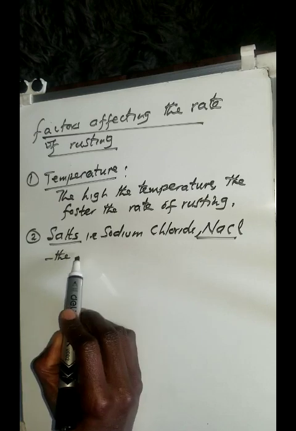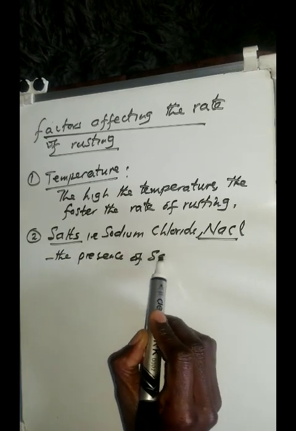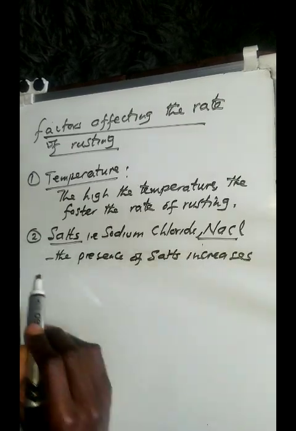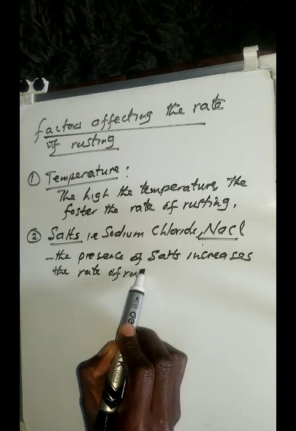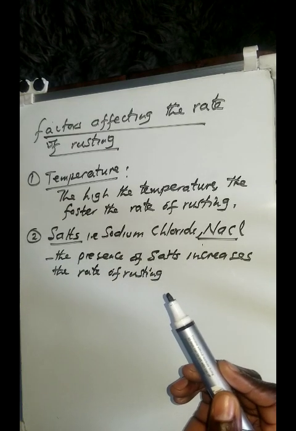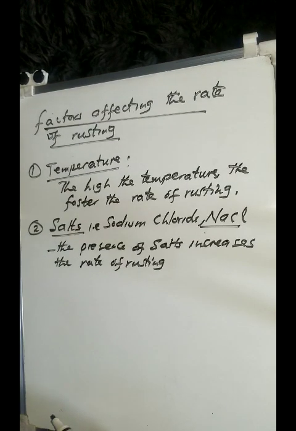Remember, I can say that the presence of salts increases the rate of rusting. So if you put salt in water, it simply means that the iron is simply going to rust.